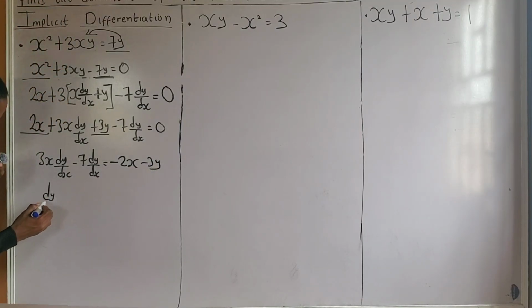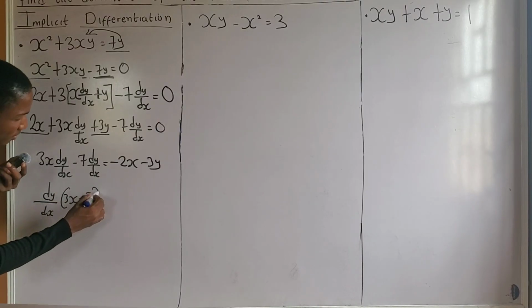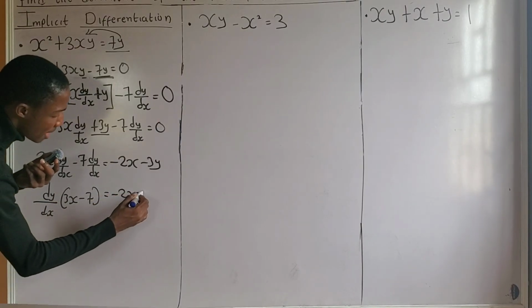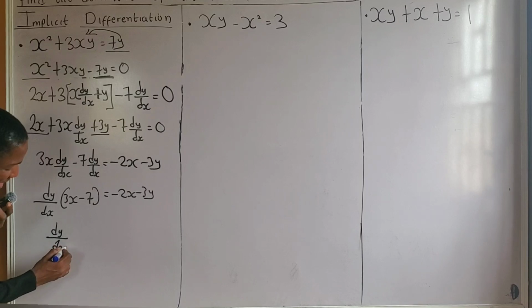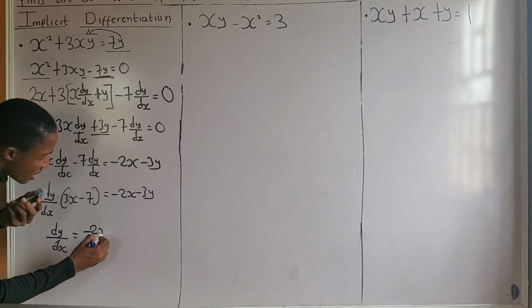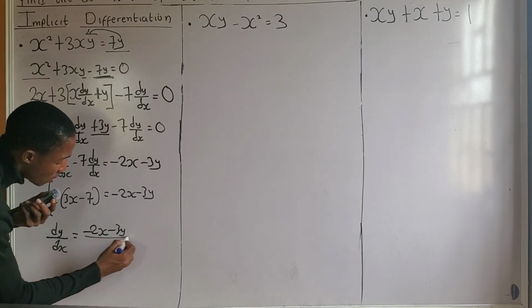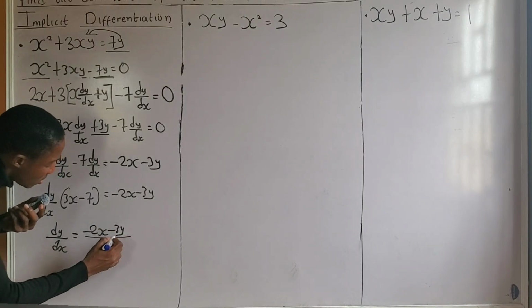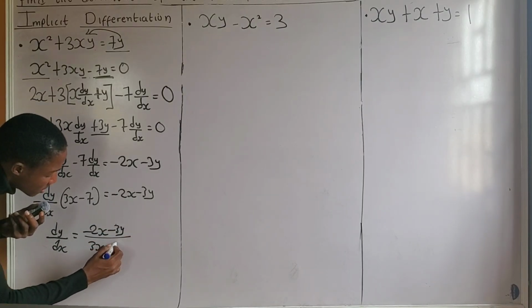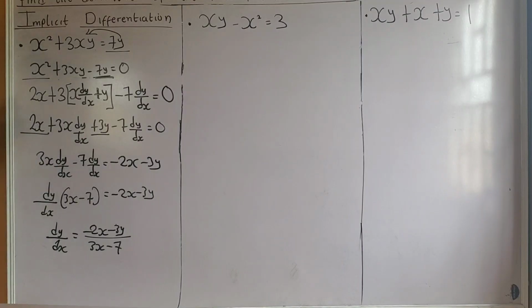I'm going to have dy/dx multiplied by (3x minus 7) equals negative 2x minus 3y. Okay? So to get dy/dx, you divide both sides by what? 3x minus 7. So I'm going to have dy/dx equals (negative 2x minus 3y) all over (3x minus 7), which is the final answer.